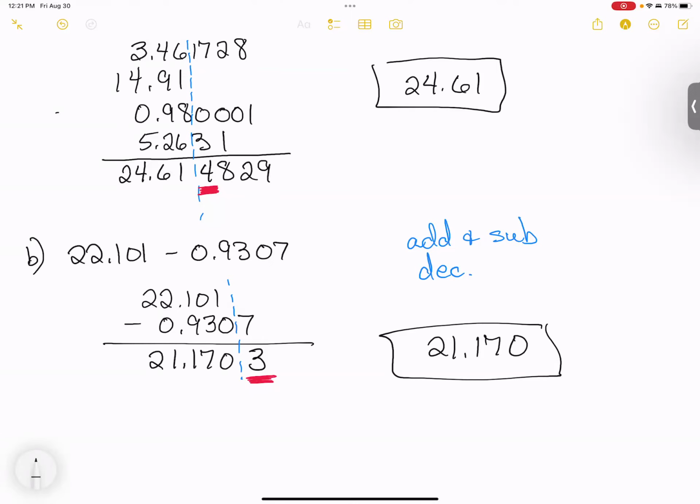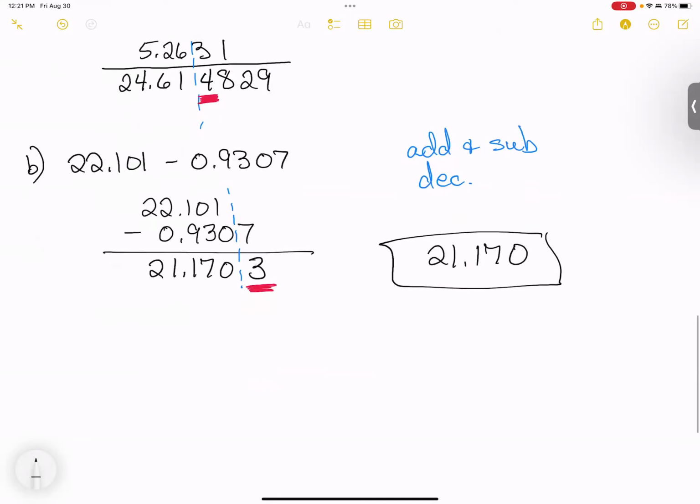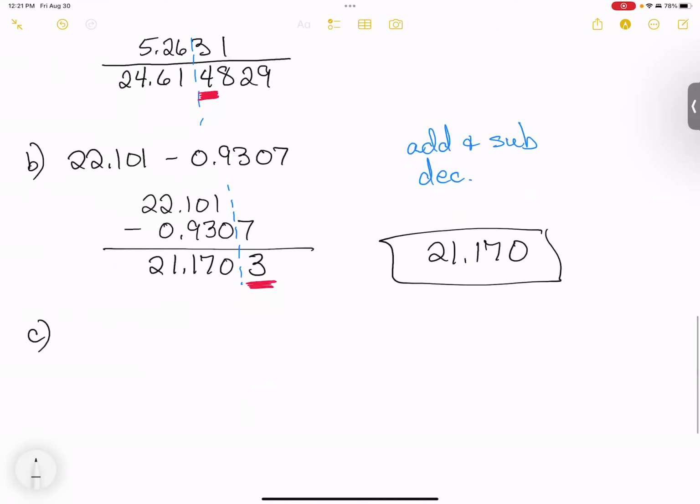Let's look at another problem. Let's do 6.085 divided by 2.33 times 2.1.